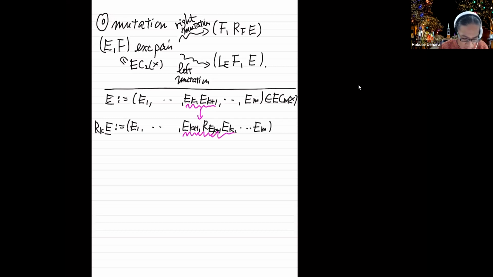And similarly, we can define left mutation, L_K, as follows, namely E1, ..., L_EK EK+1, EK, ..., and it doesn't change anything except these two terms.